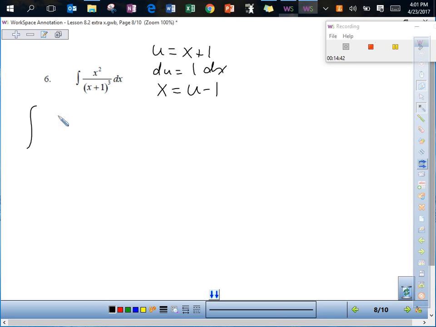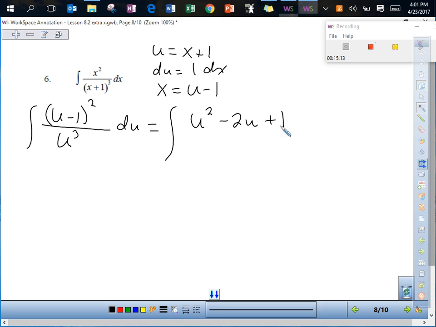Well, look at what happens once I sub this in. I'm going to have u in place of the x, so I'm going to have u minus 1 quantity squared over u cubed, and technically a du right there. This really becomes the antiderivative of, I'm going to FOIL out that numerator and get u squared minus 2u plus 1 all over u to the third du.